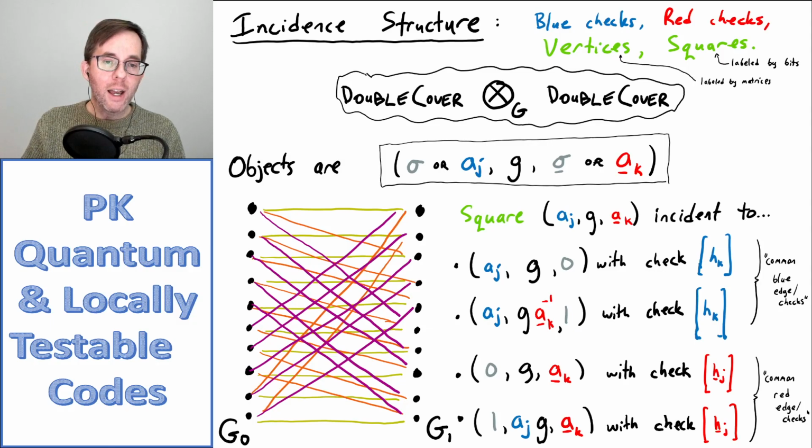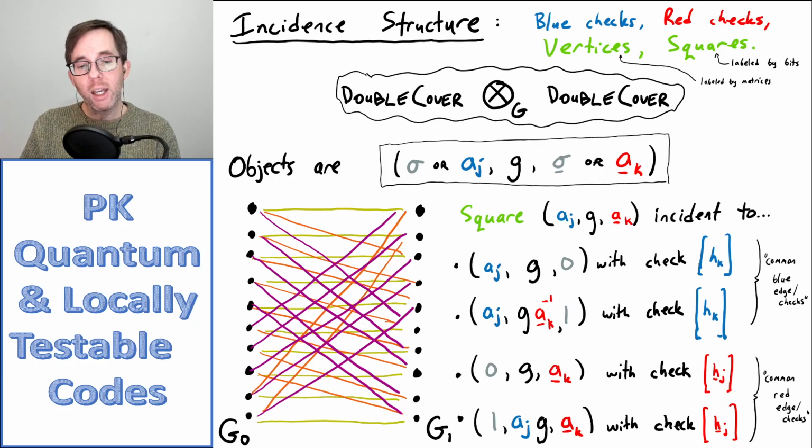Remember, you think of this pair AJ and G as an edge in this double cover graph that goes from G on the left to AJ times G on the right. And so we see down here these two vertices in the base graph are 0 and G, that's the left endpoint of this edge, and 1 and AJ G, that's the right endpoint of this edge.